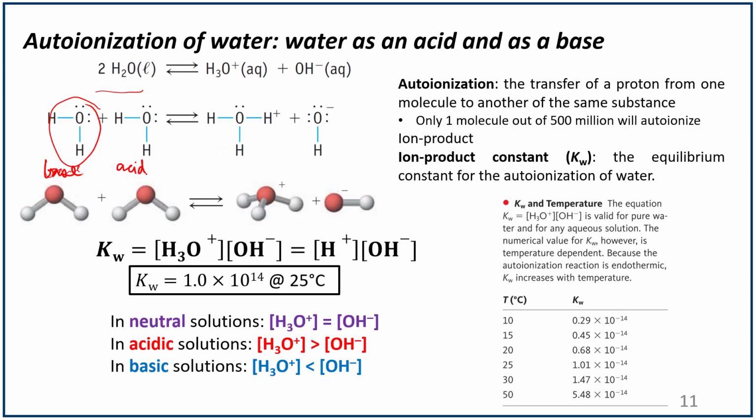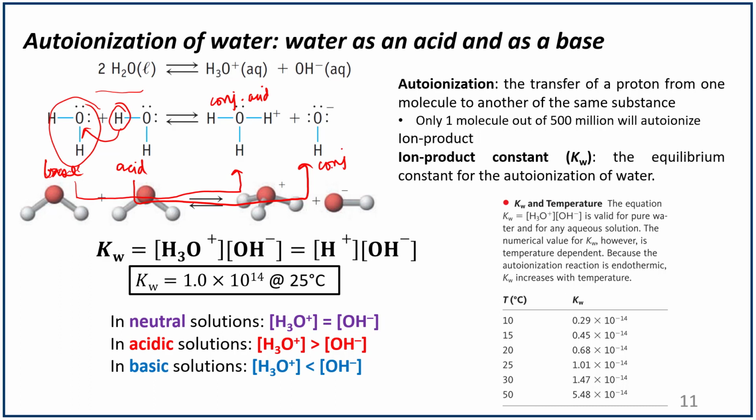When that happens, this acidic water will give up this proton to this basic water. In effect, this water molecule number 1 will form the conjugate acid, the hydronium ion, and the acidic water will lose not an electron, but a proton, and be converted into the conjugate base hydroxide.